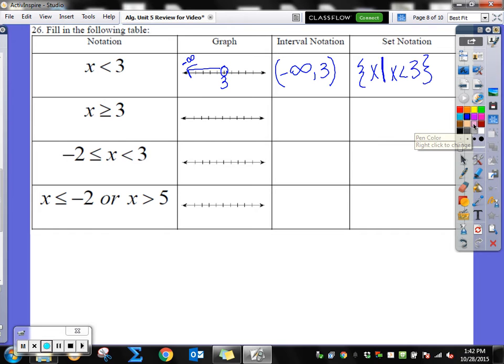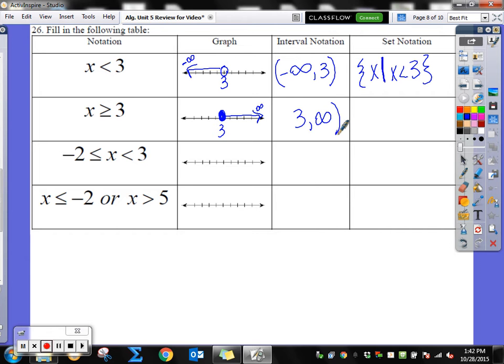Then for the next one, x is greater than or equal to 3. So I'm going to add my 3. It's going to be a closed circle to the right. I'm going to use my number line to help me. I know going to the right is positive infinity, so I know it's going to be from 3 to positive infinity.